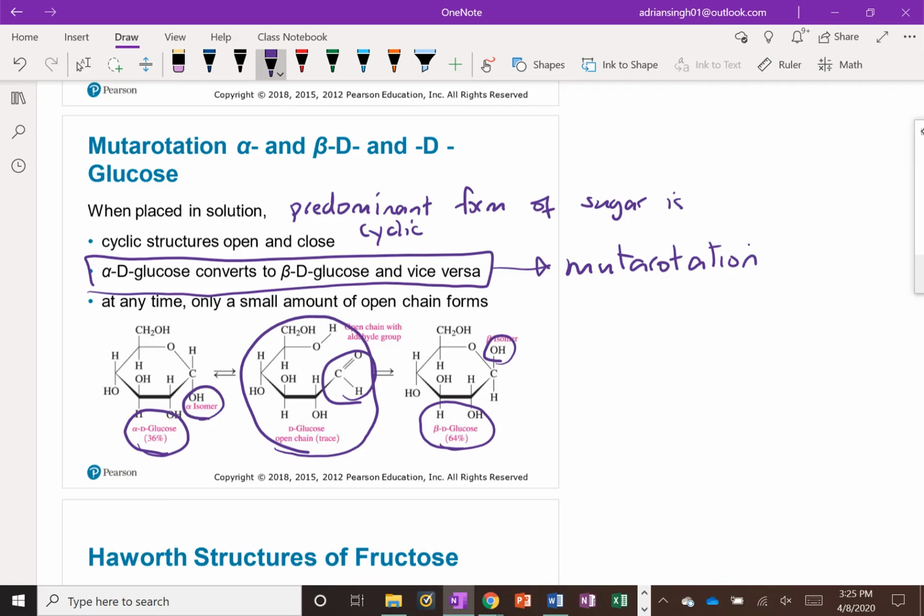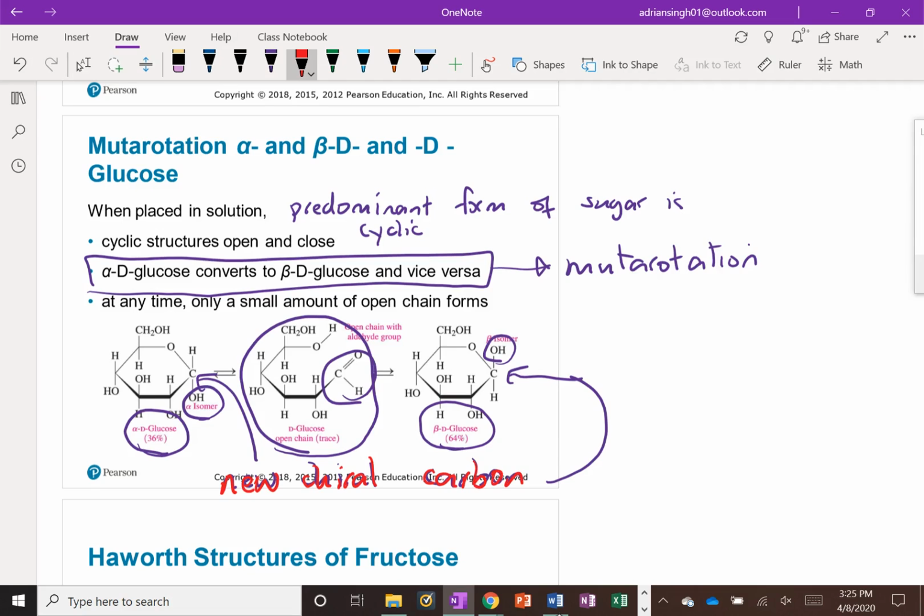We introduce now a brand new chiral carbon in here, right? So this carbon, in each of these, ends up being a new chiral carbon in both cases, because it has 4 different groups attached to it. And it didn't before, right?